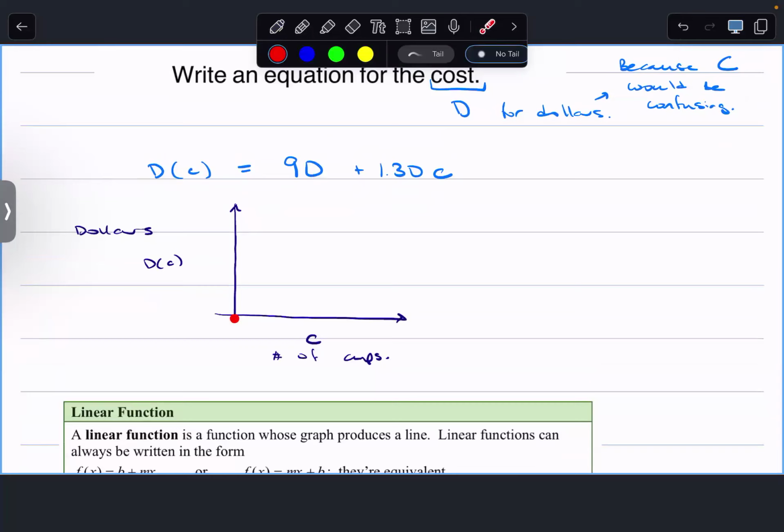Even at 0 cups, I'm going to start at 90, which we might remember still from y equals mx plus b, right? Whatever is attached to the variable, the c in this case, is the slope. And whatever's on its own is the y-intercept, which we usually just call the intercept.